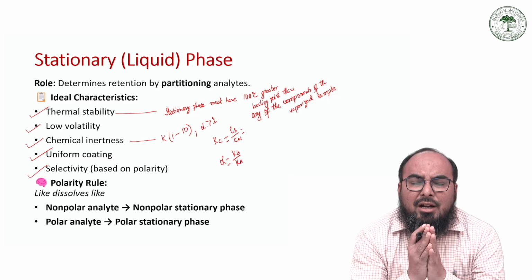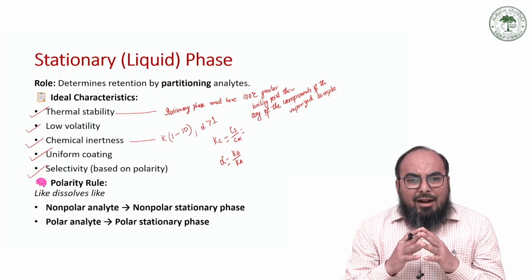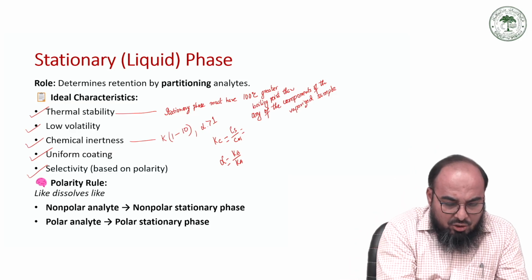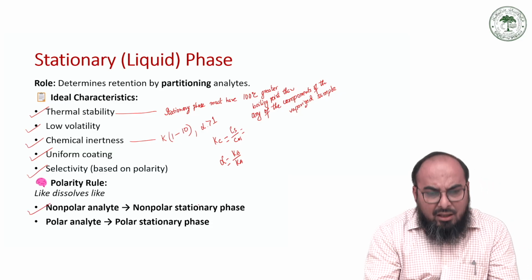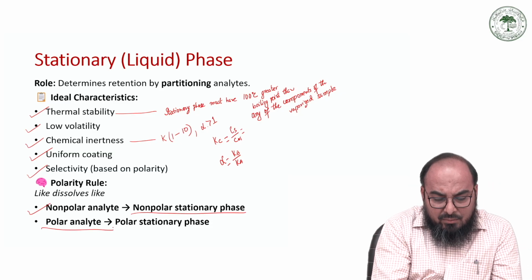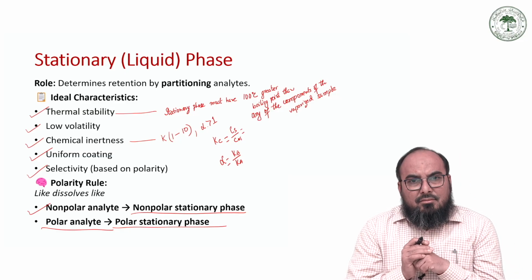Similarly, polar ones are going to interact with polar. So you have to maintain the age-old concept of like dissolves like. Non-polar analyte will prefer the non-polar stationary phase, and similarly, the polar analyte will prefer the polar stationary phase.